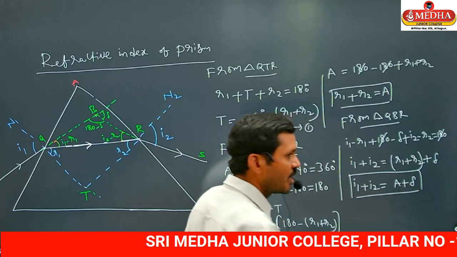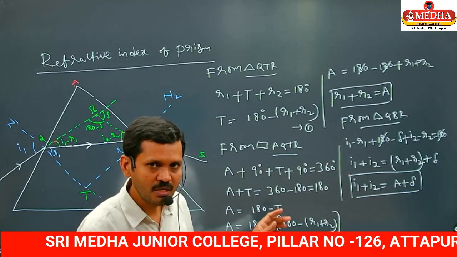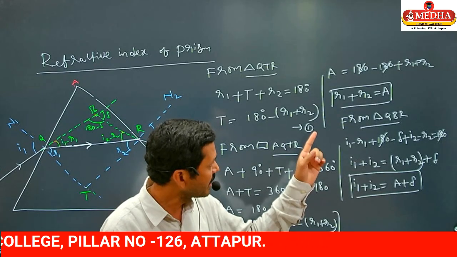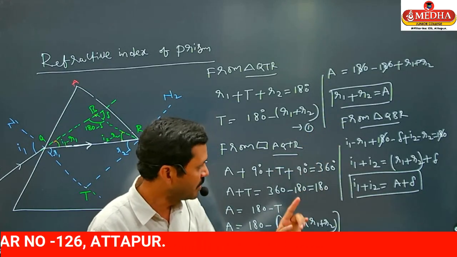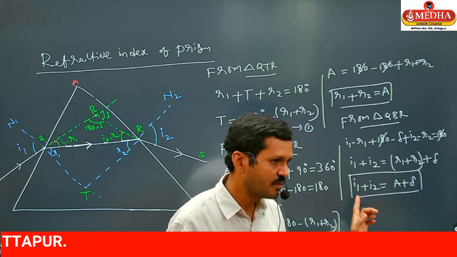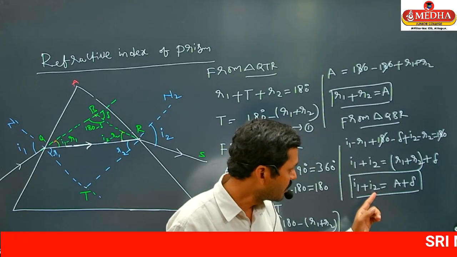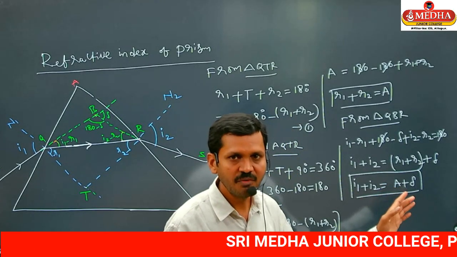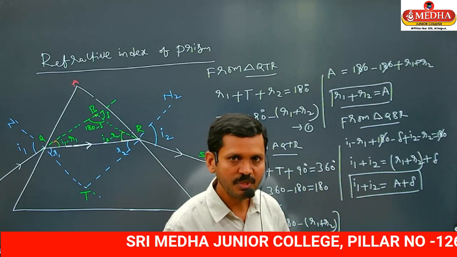These are two very important conclusions. What are the conclusions we got till now? The sum of the angles of refraction is equal to the angle of prism. The sum of the angle of incidence and the angle of emergence is equal to the angle of the prism plus the deviation of the light ray from the prism.